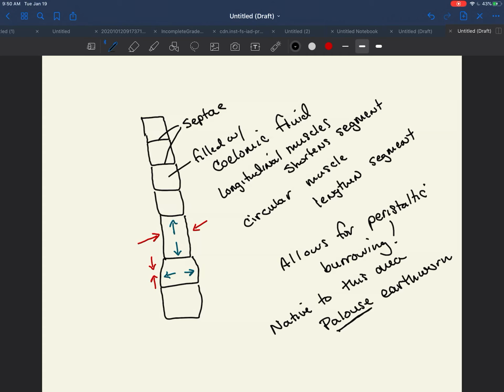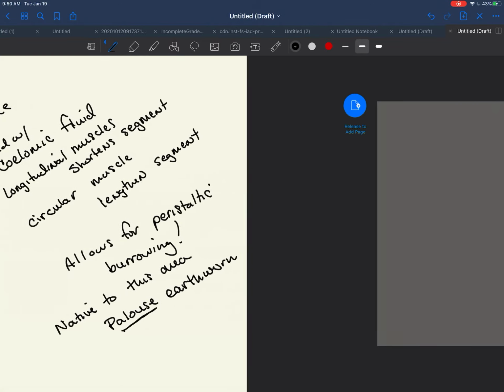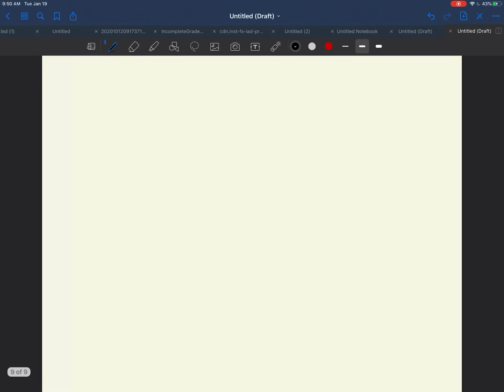So you could ask, well, what are the benefits of earthworms? Why should we even care about earthworms? So we could talk about their ecological services. Ecological services or ecosystem services is a term that is used to describe, could we put a monetary benefit on a group of organisms?